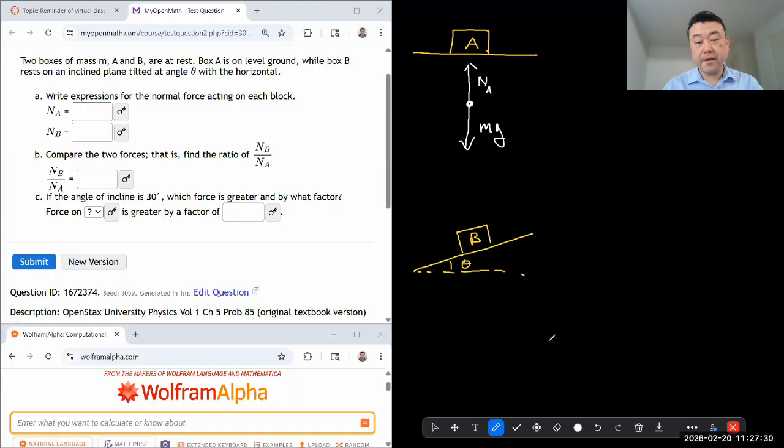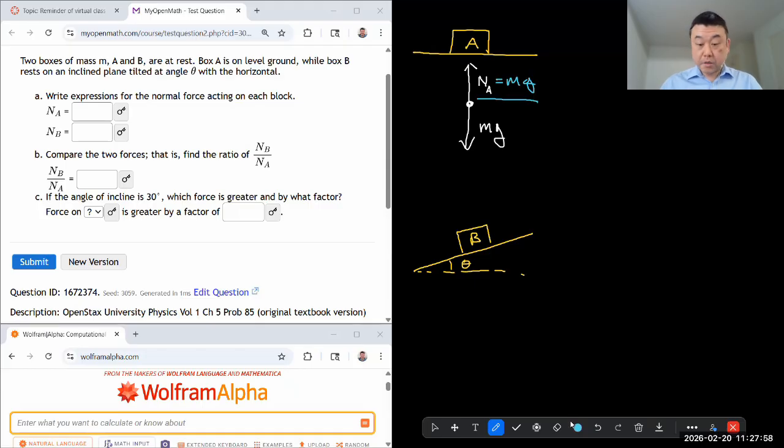So really the only way it can work is if this normal force is equal to mg. And one caution I have for you is don't memorize this like a formula or something, because it depends on the situation. In fact, you will see for B that normal force there is not mg. But that's for A. A is a lot simpler. It's on level ground, not accelerating, everything balancing out.